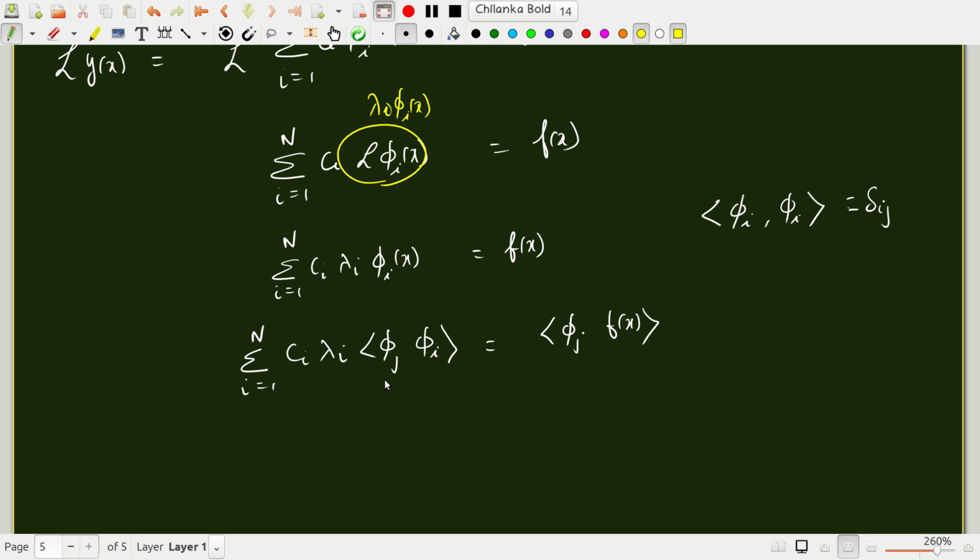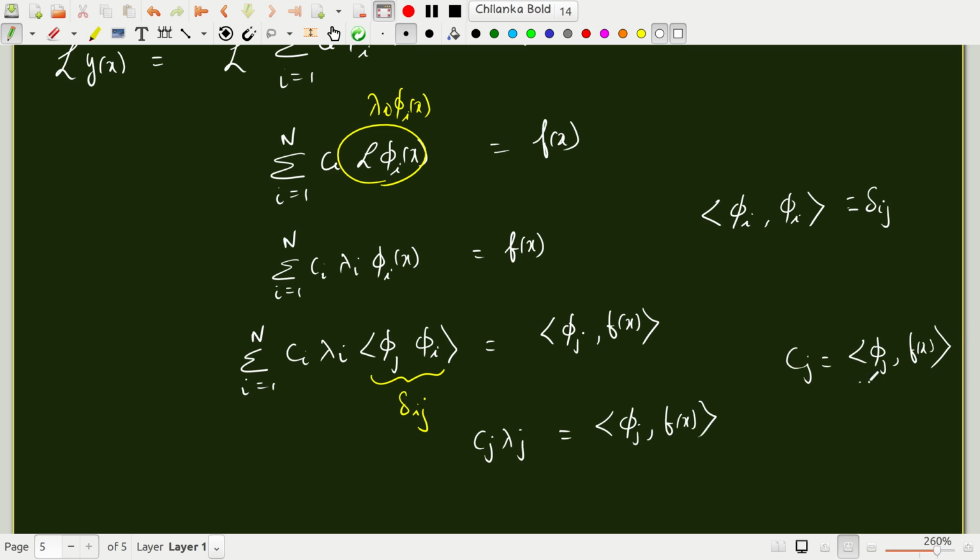Now this delta ij will kill the summation and change ci to cj. So cj lambda j is the inner product of phi j and f of x, or cj is the inner product of phi j and f of x, divided by lambda j.